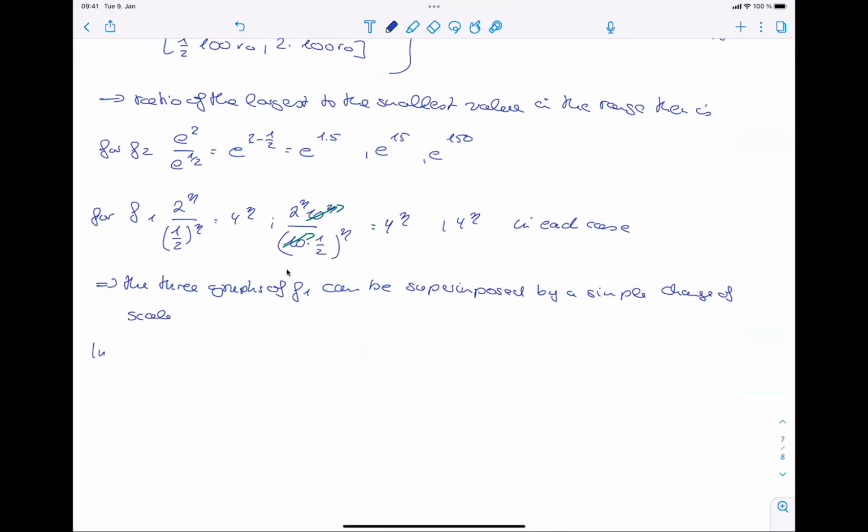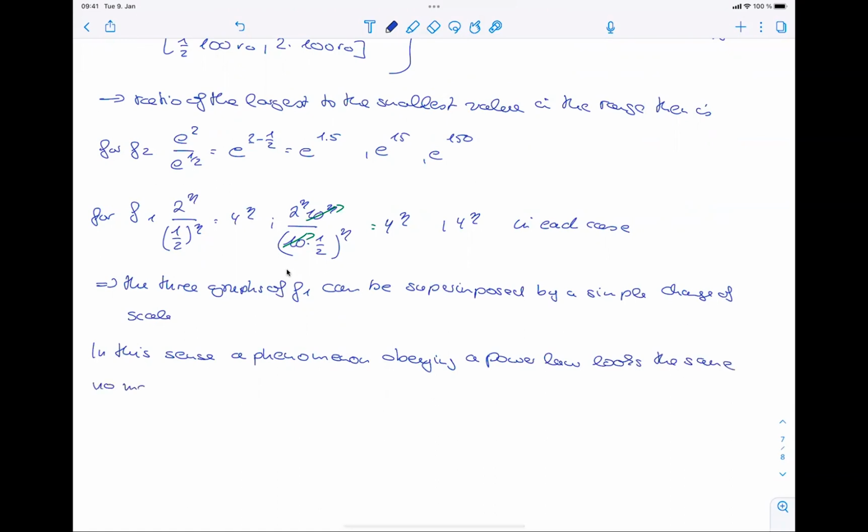And so this means that in this sense, a phenomenon obeying a power law looks the same no matter on what scale you look at it.